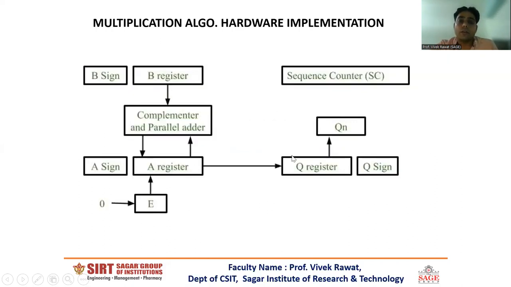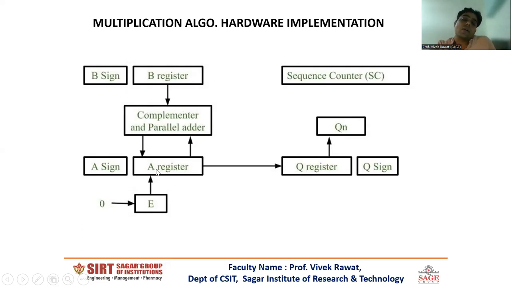Here we need to save the multiplier in the B register or the Q register. Here the B register is assigned for the multiplicand and the Q register is assigned for the multiplier. What is the A register?